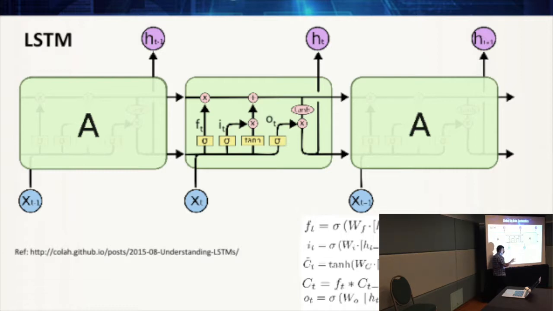Once you're done with the 10th word, it knows the entire sentence. It knows the gender of the person. It knows who the subject is. It knows what information you're trying to say. I don't know whether it's every piece of information humanly possible, but lots of information a typical human being can capture is captured by LSTM in it.